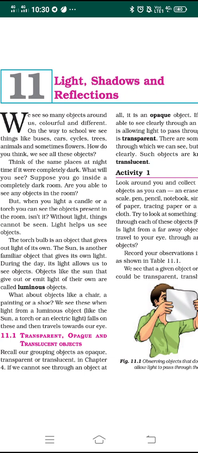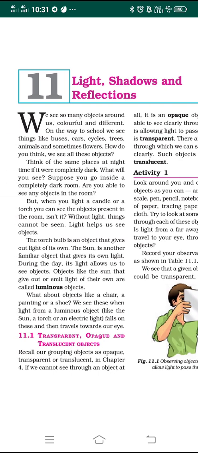Just recall the grouping of objects, as we learned in the previous chapter, chapter number 4, separation of substances, where we studied the different properties of objects. On that basis we learned opaque, transparent, and translucent.